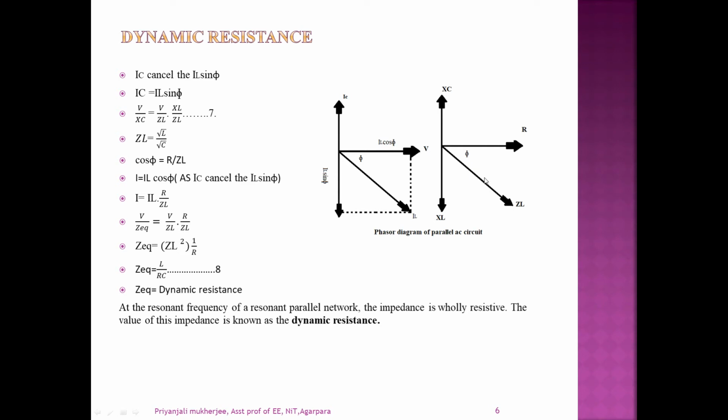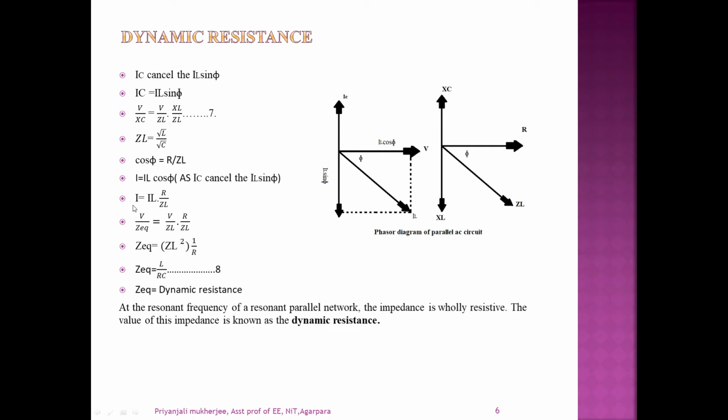Now I is equal to IL cos phi, as IC cancels out IL sin phi. So I becomes IL into cos phi, and cos phi is equal to R divided by ZL.